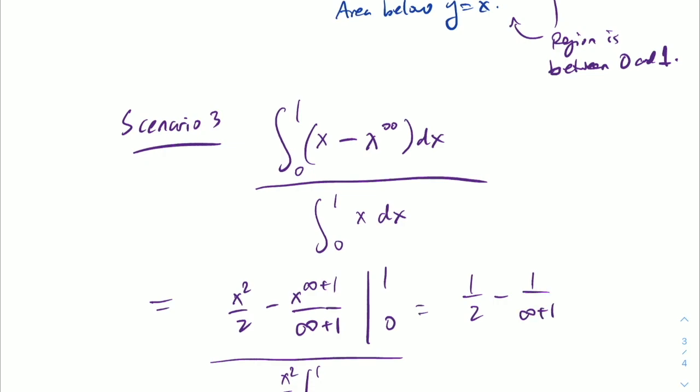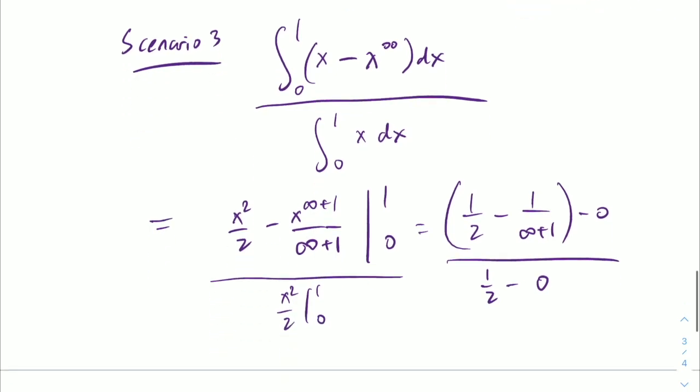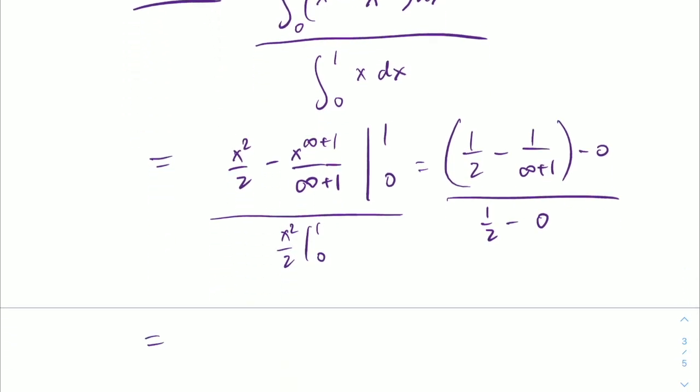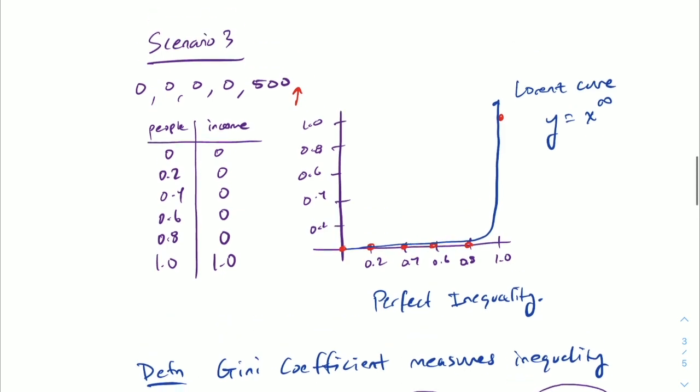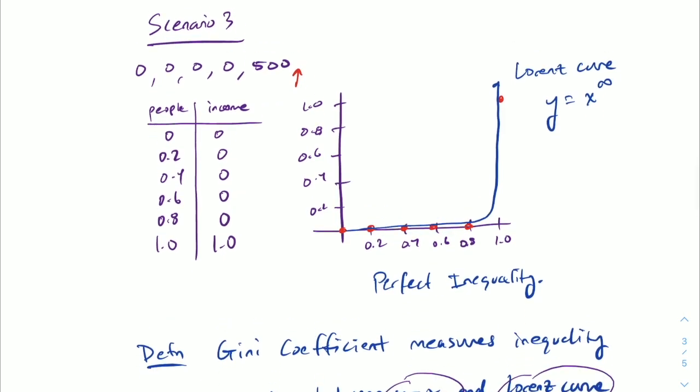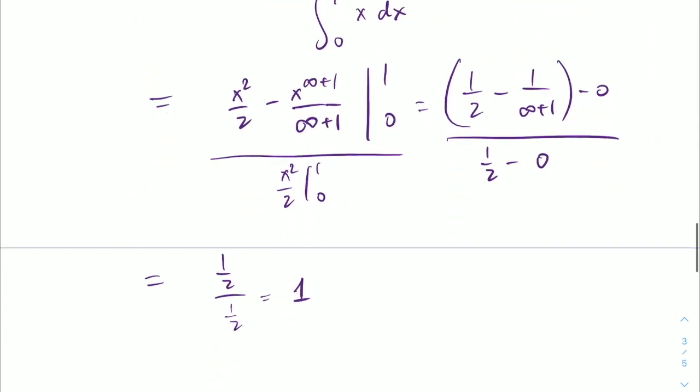If you put in 0, you get 0. If you put 1 and 0 into the denominator, you'll get 1 half minus 0. And then simplifying this, 1 over infinity is 0. We'll get 1 half over 1 half, which is 1. So scenario 3, this perfect inequality scenario, has a Gini of 1.